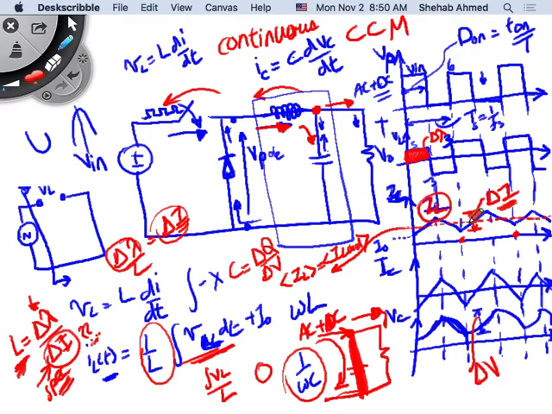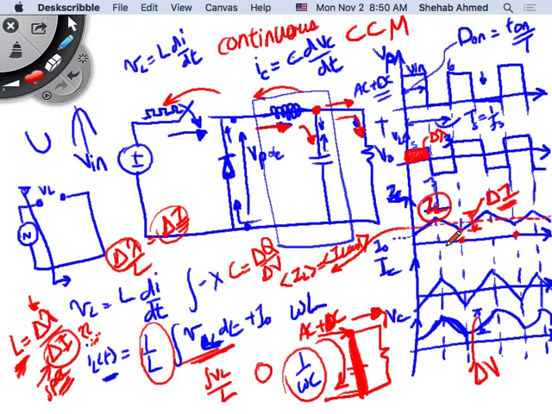But what's going to happen? My average current will fall down, right? We said this average value of current is what's going to go straight to my load. If this average value falls down while the ripple current has not changed, but I keep reducing my average value, what's going to happen at some point? These two points will become equal.